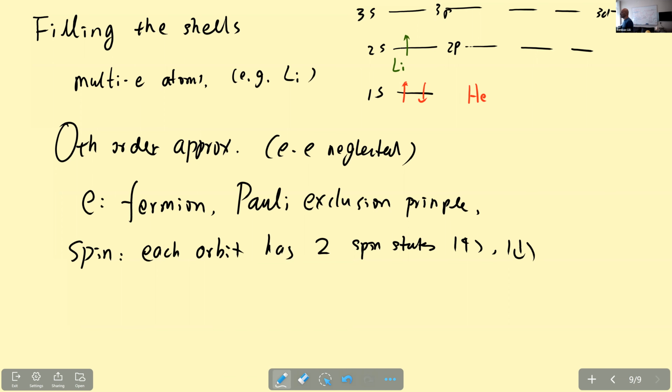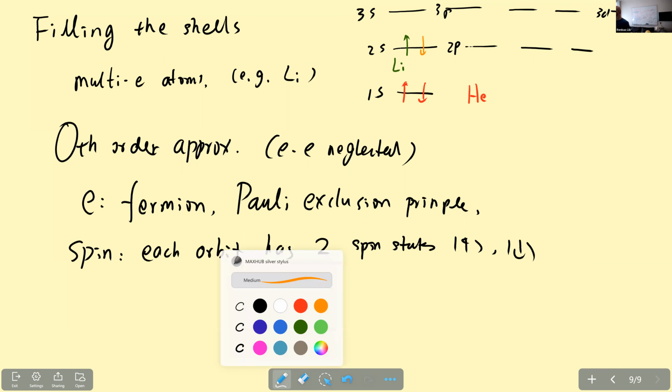And for some reason it will not be in the 2p states, right? We are not going to discuss that right here, because of some interactions. So this lithium prefers to stay in this, and then the next one you're going to have this one to be occupied.